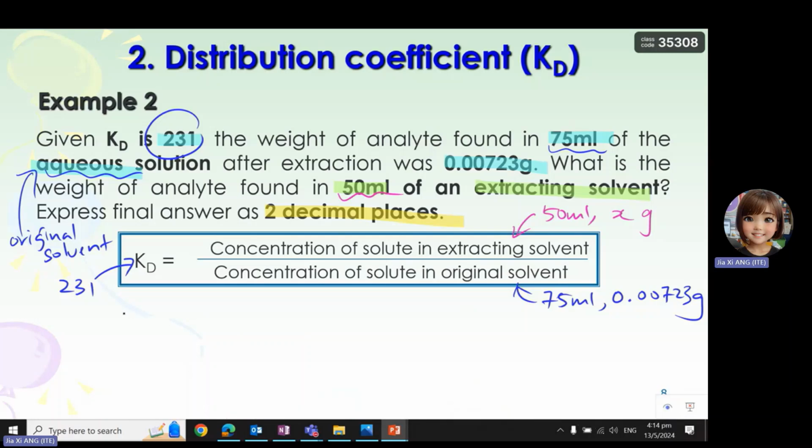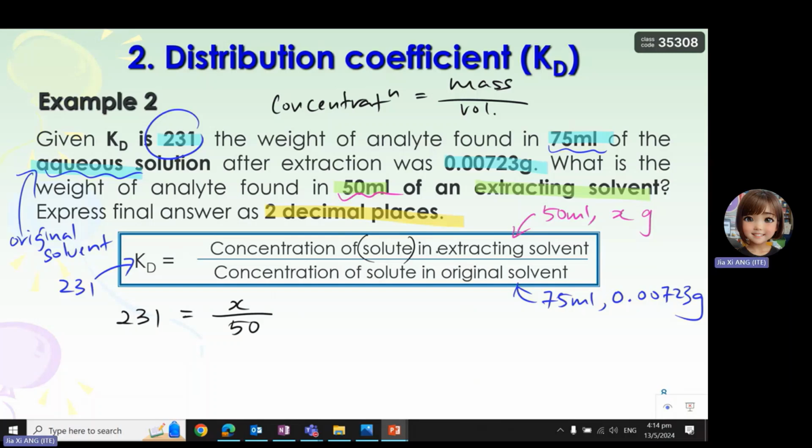So you know that Kd is 231 equals to concentration of solute in extracting solvent. Now, concentration can also be equals to mass divided by volume. So in this case, they didn't really give you the concentration in molarity. Instead, they gave you the weight and the volume. So concentration can be equals to X divided by 50.